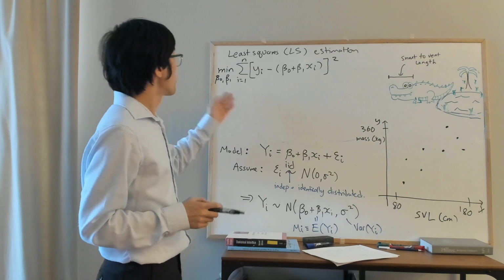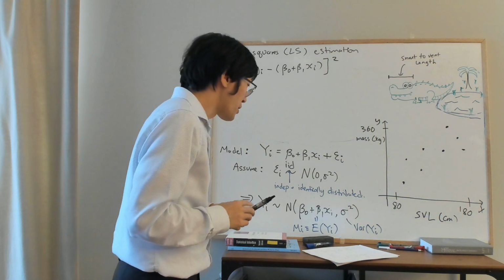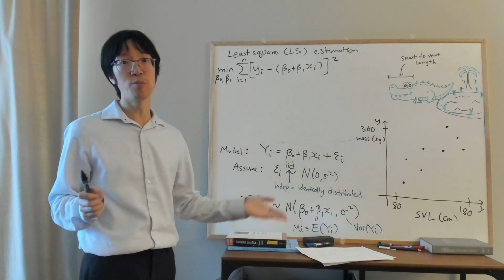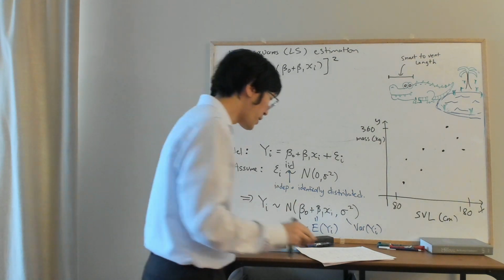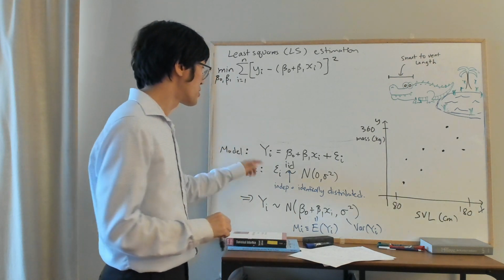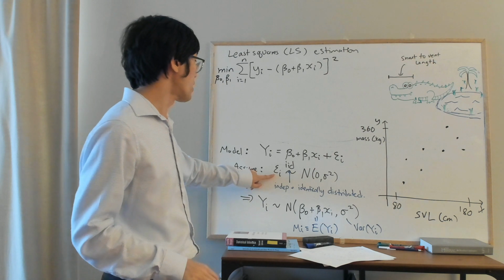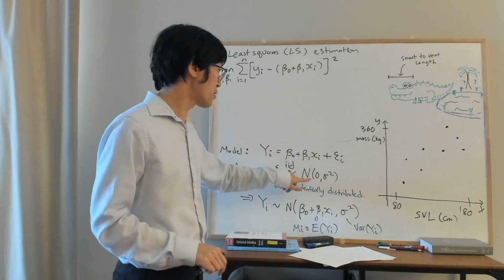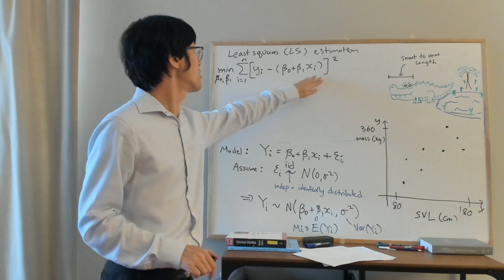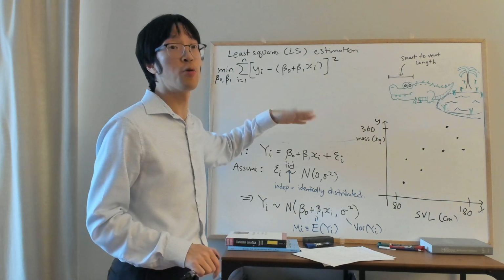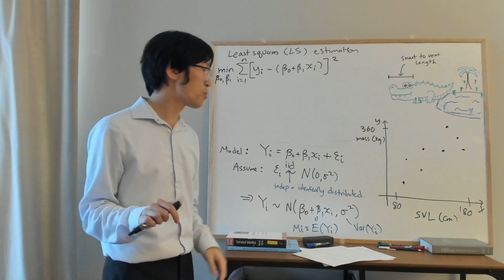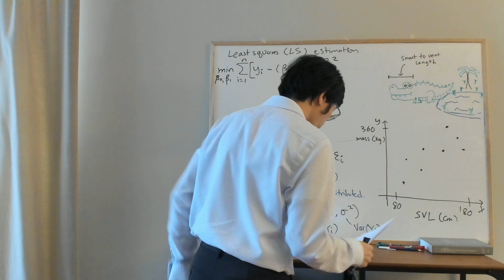But one of the reasons why least squares is often used is because it has a nice connection to the method of maximum likelihood estimation. In the case that we're considering, which is that the errors are independent, IID normal 0 sigma squared, this least squares solution is equivalent to the maximum likelihood estimator, and we know that the MLE has good statistical properties.